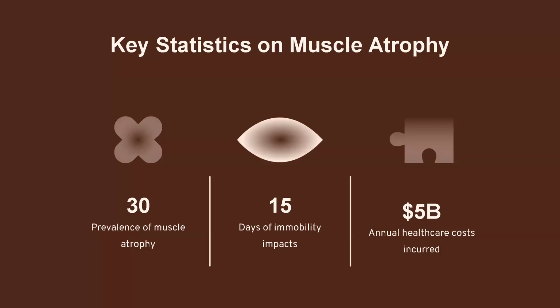And then we've got around 15 days of immobility that causes significant impact on functionality. And it's even worse for our elderly who have issues to do with self-feeding at this point. Functionality drops. And then we also have increased annual healthcare costs, going all the way to around 5 billion.